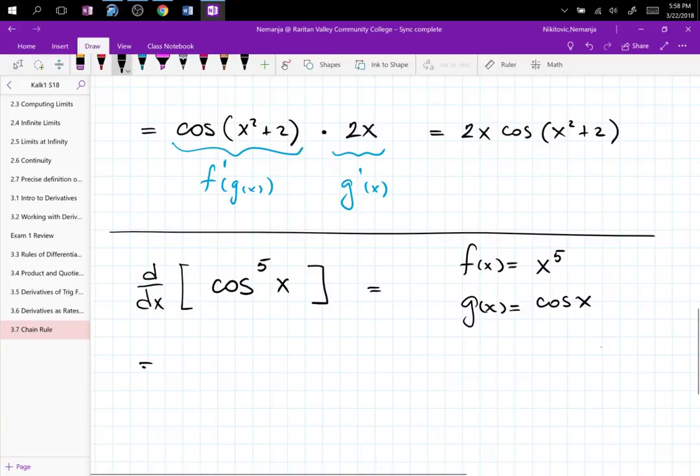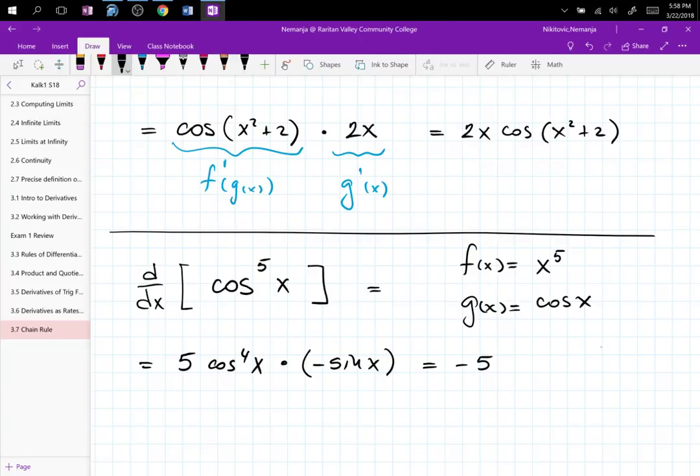So, we take the derivative of x to the 5th, which is 5x to the 4th, but we can't put x, we have to put cosine. So, 5 cosine to the 4th x, that's the outer derivative, times the inner derivative, which is the derivative of cosine. Very good. So the whole thing is negative 5 sine x cosine to the 4th x.